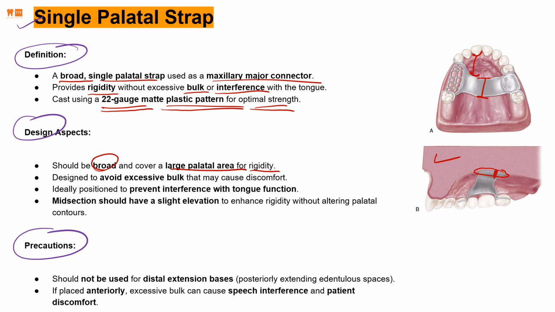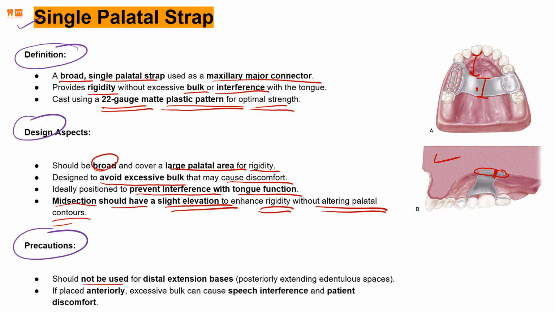We'll take a look at the dimensions in a second. Well, it should avoid excessive bulk and discomfort, ideally positioned to prevent any interference with the tongue. Midsection should be slightly elevated to enhance rigidity without altering palatal contours. So just slightly in this section where I'm drawing the dot, slightly elevated.